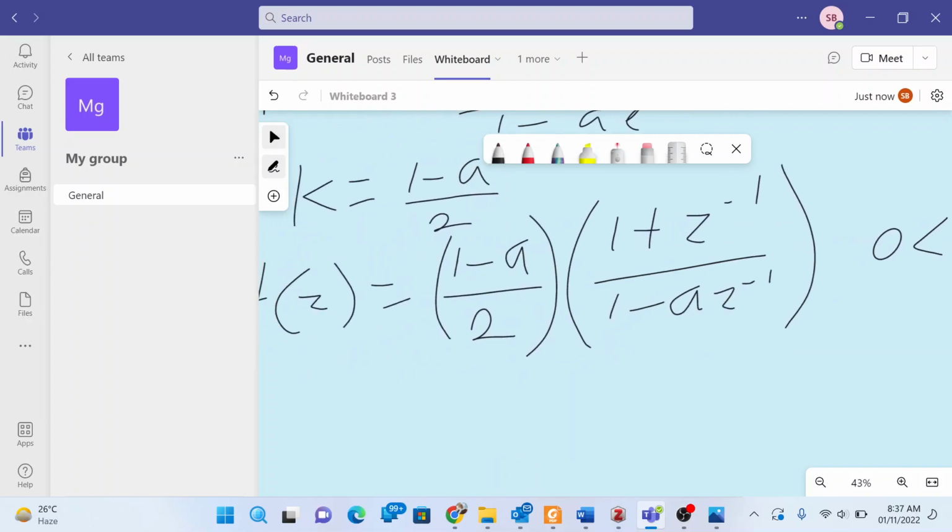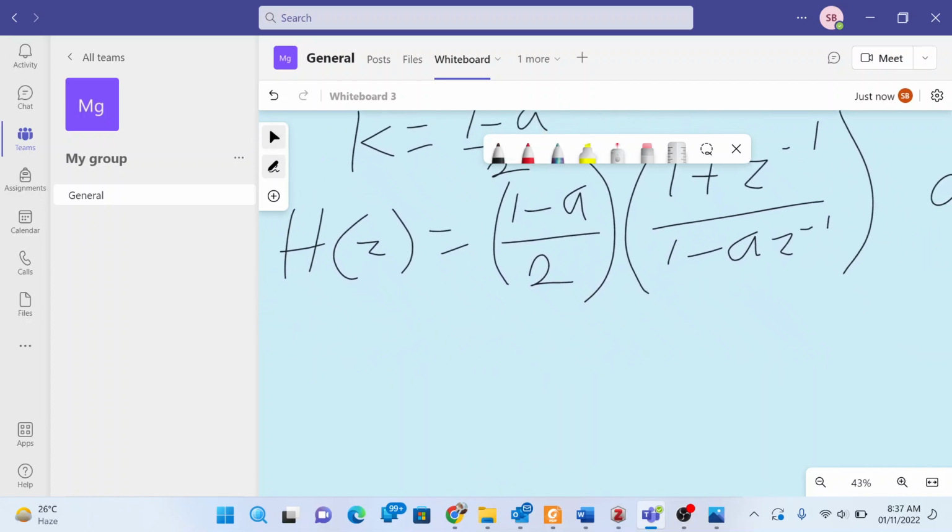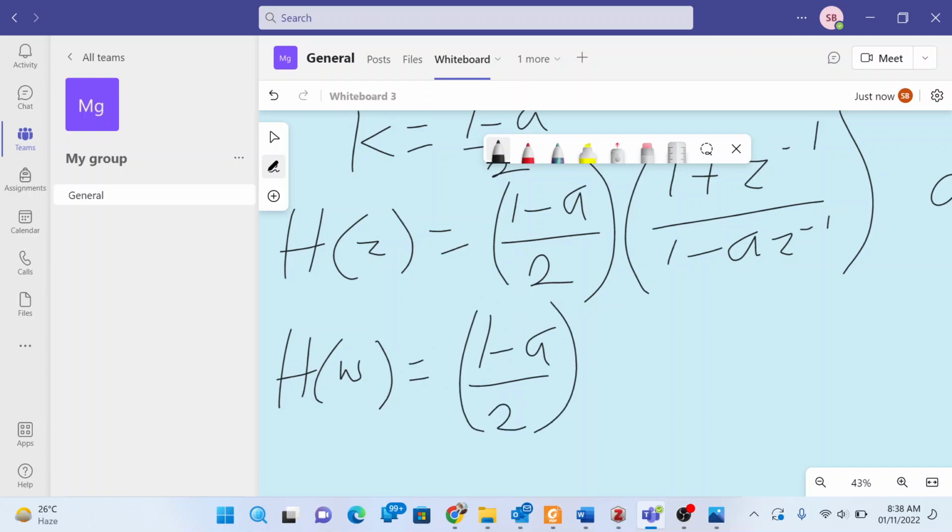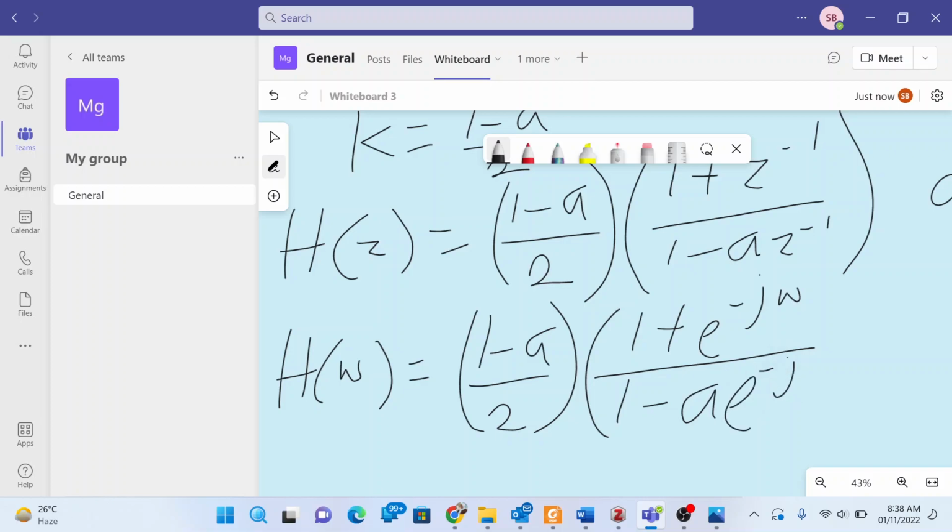Okay, so we now want to get the magnitude of H of omega. If we convert this one to the Fourier transform version, we have H of omega equal to 1 minus a all over 2, times 1 plus e raised to power minus j omega over 1 minus a e raised to power minus j omega.